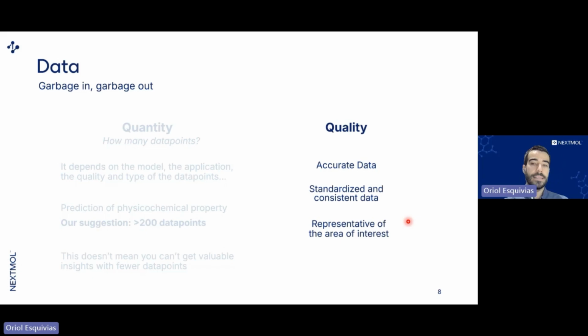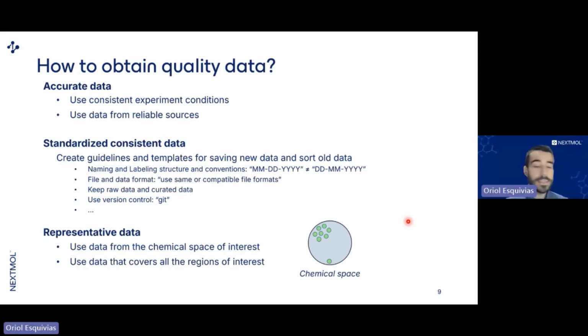And the third one is data that is from the area of interest. Accurate data means data that has been obtained following the protocols, in the same conditions. Or if the data is not yours, check their sources, check that you can trust the sources.